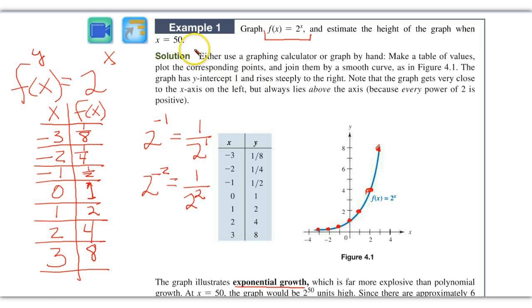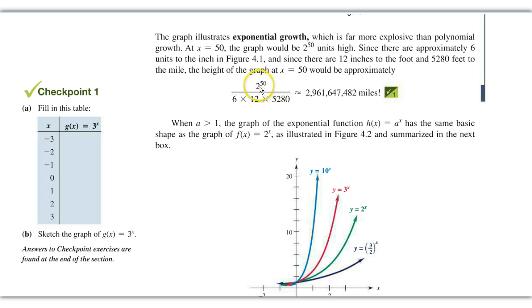Now they're actually asking if this were f of x equals 2 to the 50th power, how high up would that go? Well, as we see here, 2 to the 50th gives you this enormous number.